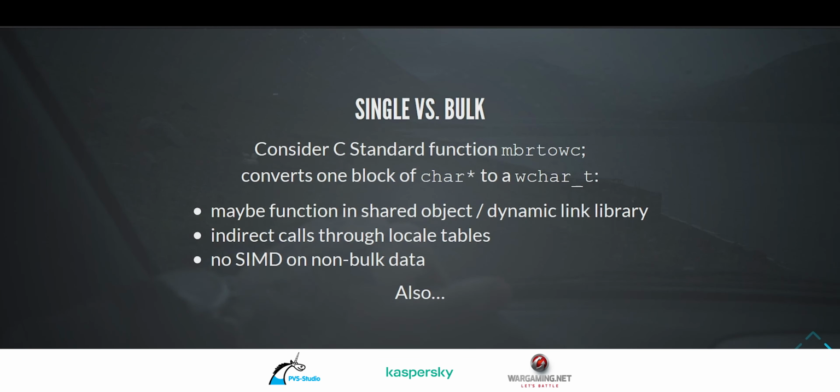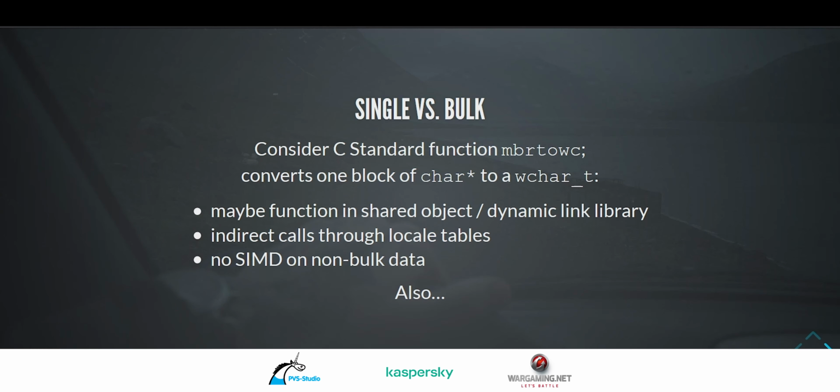Let's consider one of the C standard functions to do a singular conversion, which is mbrtowc, multi-byte restartable to wide character. Basically it converts one block of char star data to a single wchar_t. The problem is that maybe that function is in a shared object or a dynamic link library. Maybe it has indirect calls through locale tables.